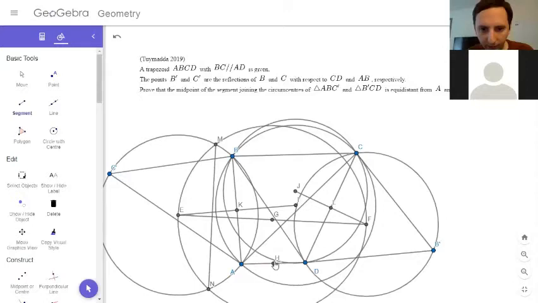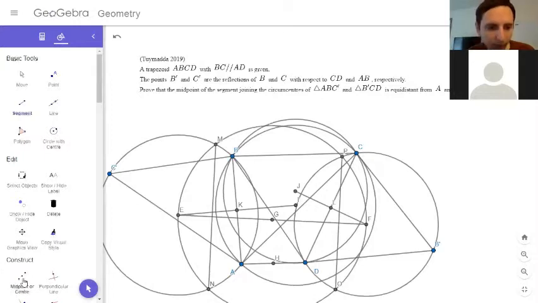So that's the radical axis of those two. And this, that's the radical axis of those two. I think the distance from A to MN would be equal to the distance from D to OP if the problem were true.